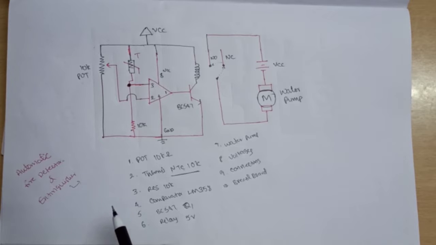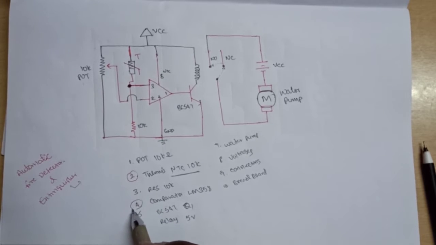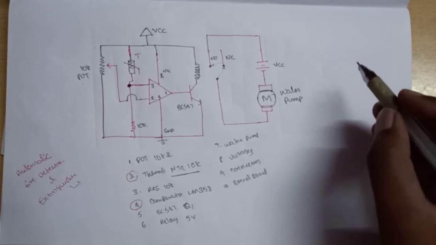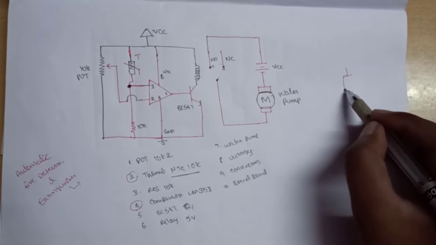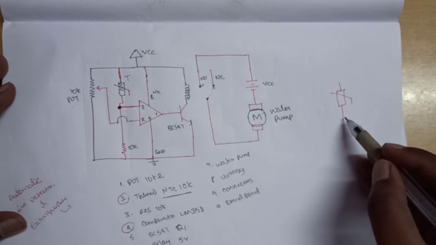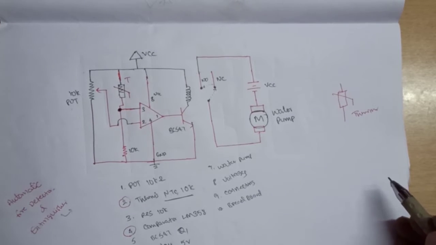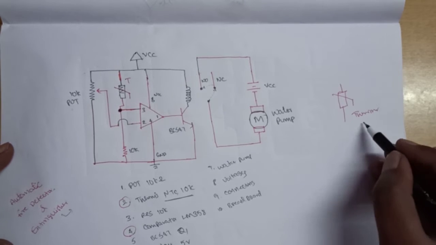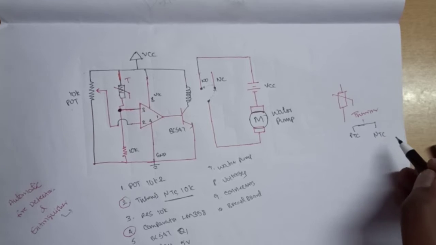So coming to circuit explanation. Before going to the circuit explanation, we will see the thermistor and comparator. Okay. So this is the thermistor symbol. We have two types of thermistor, that is PTC and NTC.